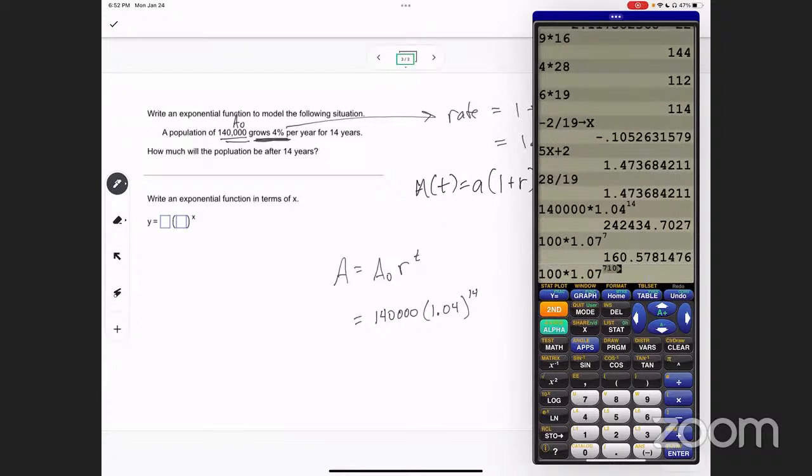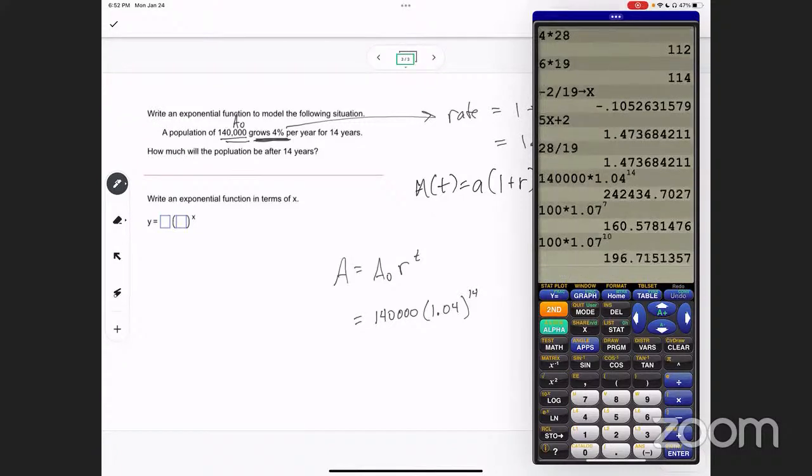I thought it was a rule of sevens. Yeah, it roughly doubles in 10 years. I thought it roughly doubled in 7. If you have a 7% interest rate, it will double in 7 years. But that obviously did not happen here.